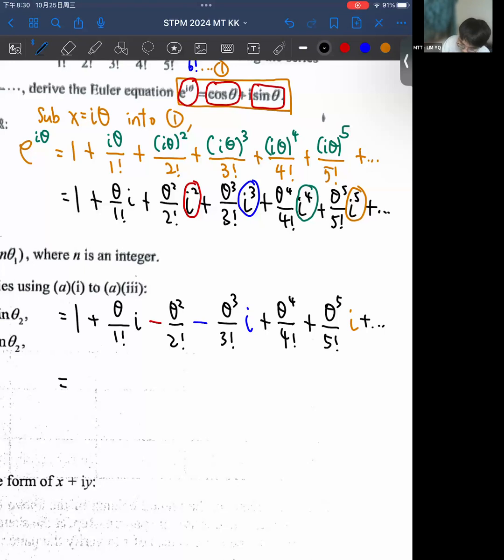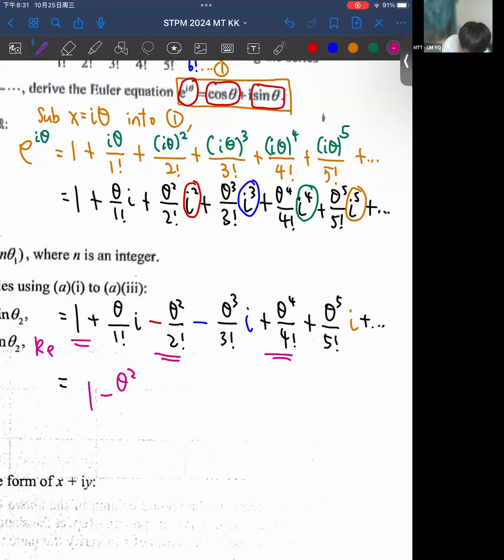So what is all the real part? This one is real, this one is real. Real means don't have any i, free of the i. So all are real, so we group them together.